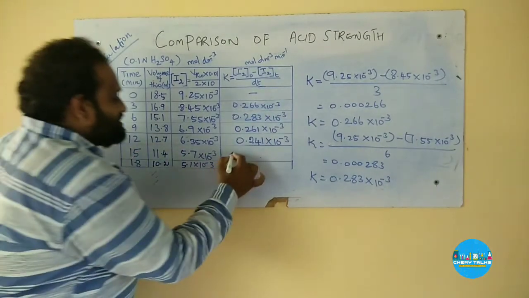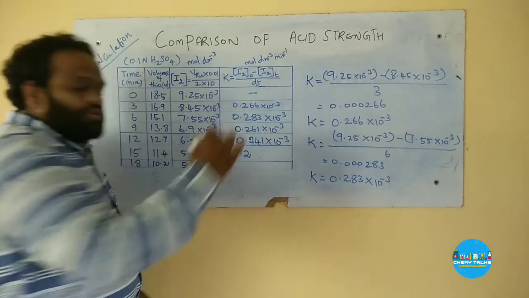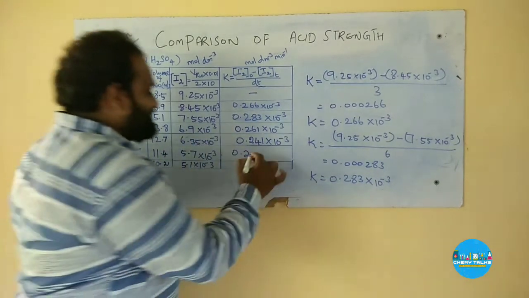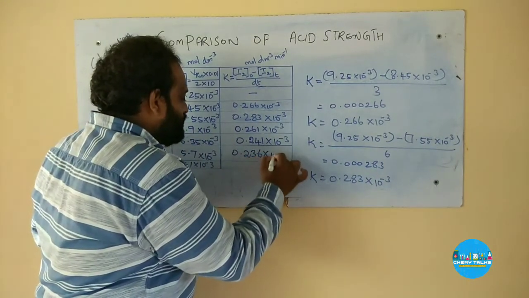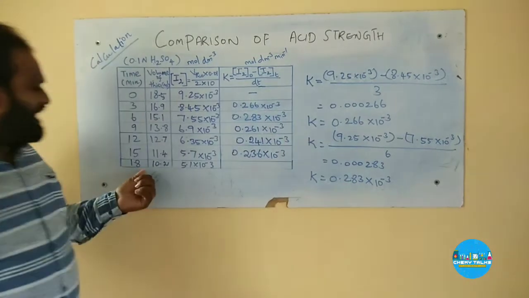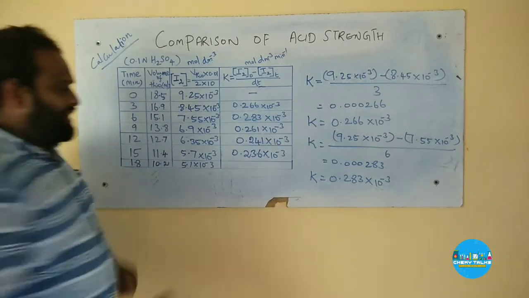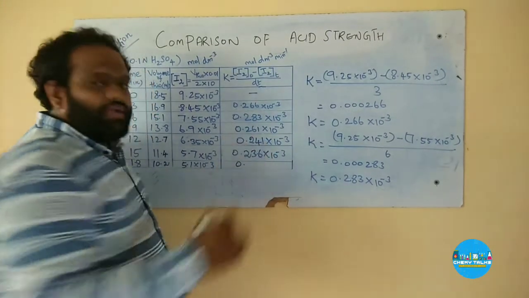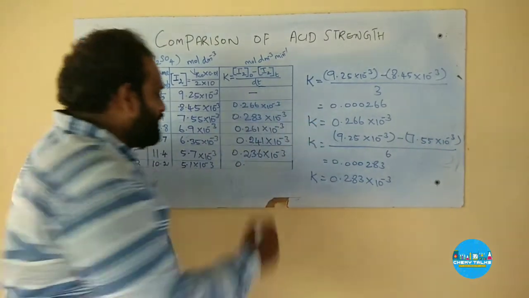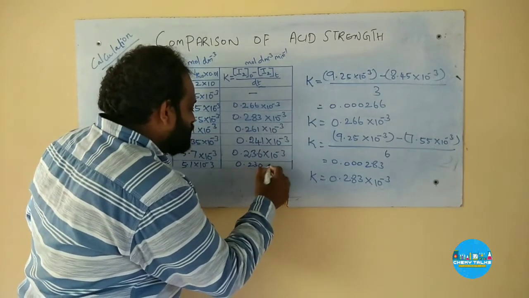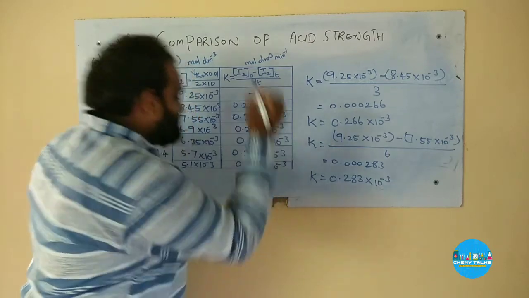After 15 minutes, it is 0.236 into 10 power minus 3. After 18 minutes of time, we have calculated using the same formula 0.230 into 10 power minus 3.